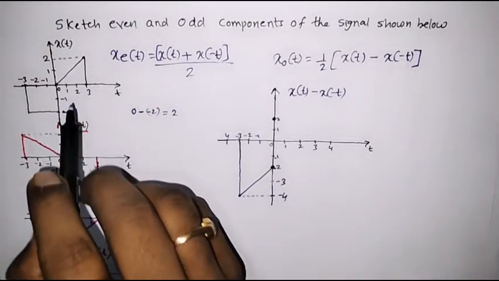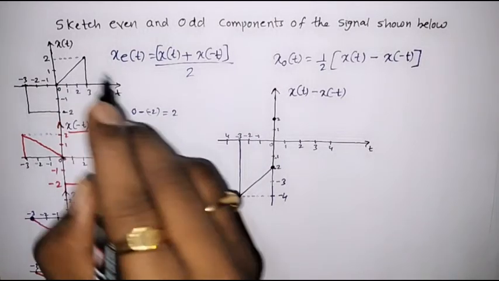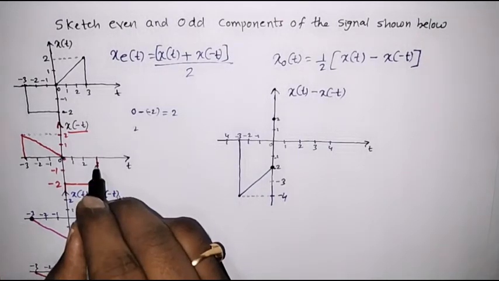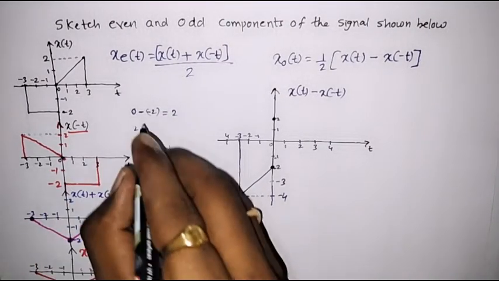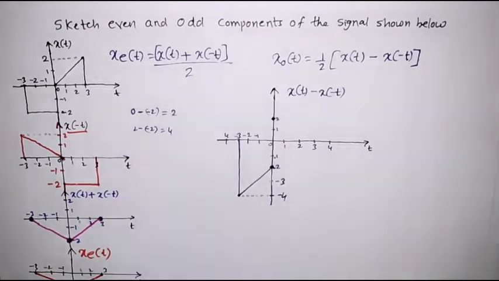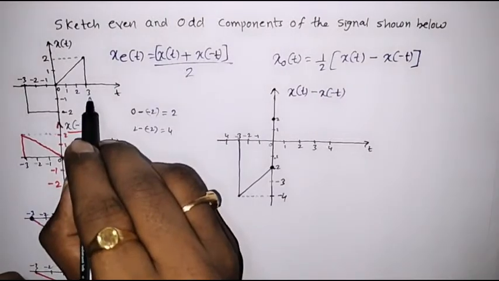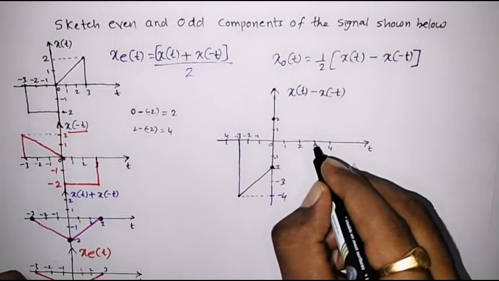Now at t equal to 3 the amplitude of the signal is 2. Here at t equal to 3 the amplitude of the signal is -2, that is 2 minus of -2, which is equal to 4. So at t equal to 3, the amplitude of the signal is 4.